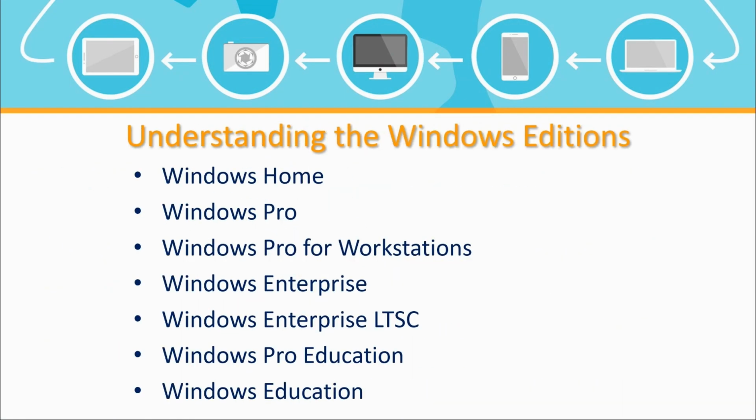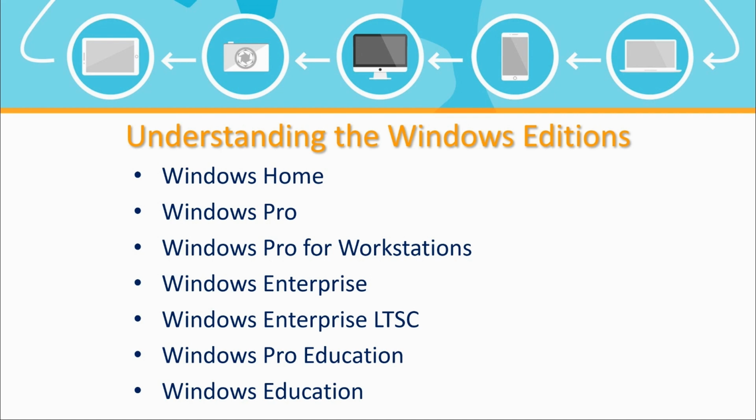All right. So one other quick thing here I do want to mention that I didn't kind of go over is you'll see I listed on one of my very first slides Windows Pro Education and Education. So Pro Education is the equivalent of Windows Pro, but is for the education system.